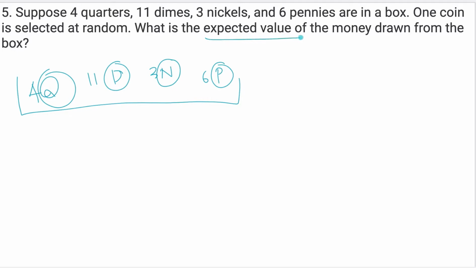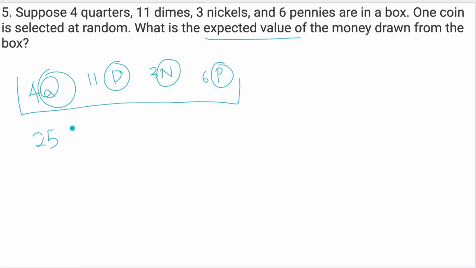So expected value is how much do you expect, right? So what you need to do is each coin has value. For example, quarter has value of 25 cents. So you can do 0.25 if you want to consider that as a dollar. If you don't like that small, you can just do 25 cents. So let's do with 25 cents.